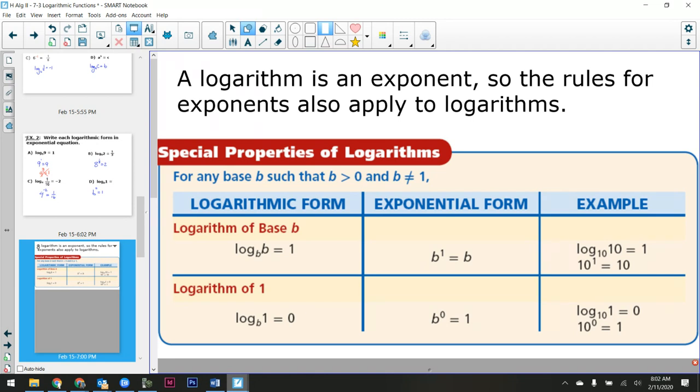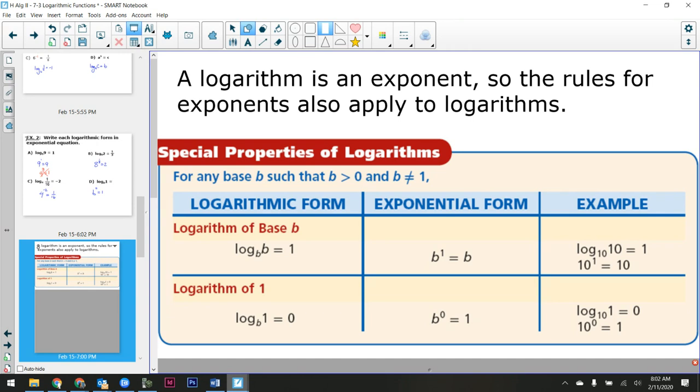Because I'm thinking about keeping it the same. What power do I raise it to keep it the same? The first power. And we've already talked about the log of 1 property. The log of 1 property, that's the one that says, how do I make everything just turn into 1? Raise it to the 0 power. So that's what it's equal to. It's equal to the exponent, so it's equal to 0. Whenever you have log base b of 1, it's always 0.